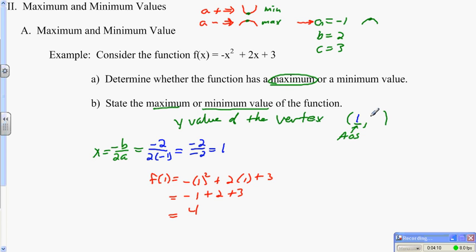So the y value on the axis of symmetry will be 4. So this is the vertex, and we would state that, again, it has a maximum, so 4 is the max.